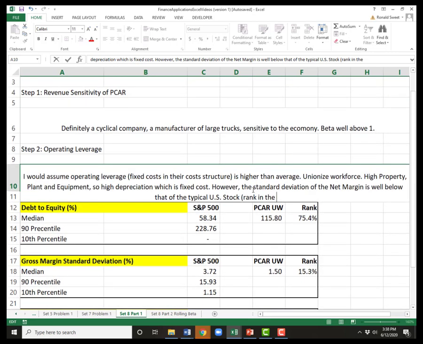Top 20.5%, suggesting their fixed costs are not that high.